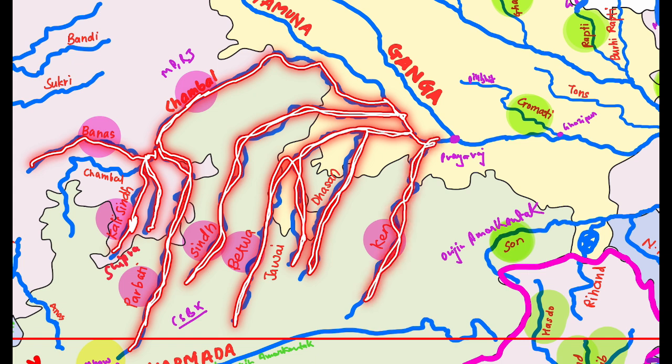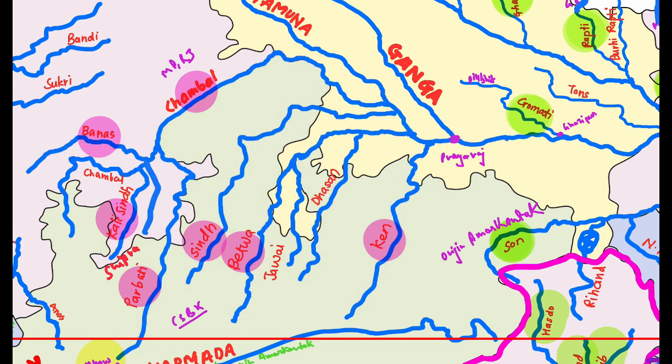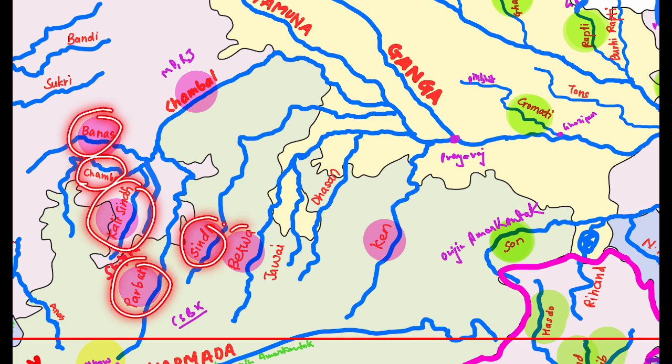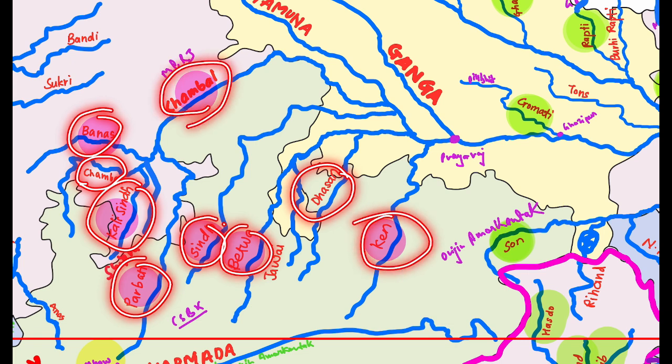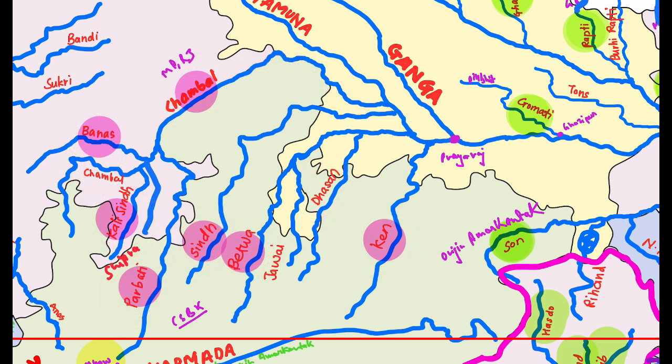Then all this goes and meets at Prayagraj. Yamuna and Ganga meet at Prayagraj. So again Chambal, Bana, Kalisindh, Parvati, Sindh, Betwa, Dhasan or Ken. Then it goes into Chambal and then it meets.